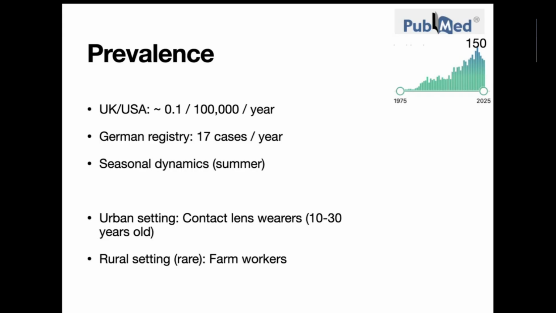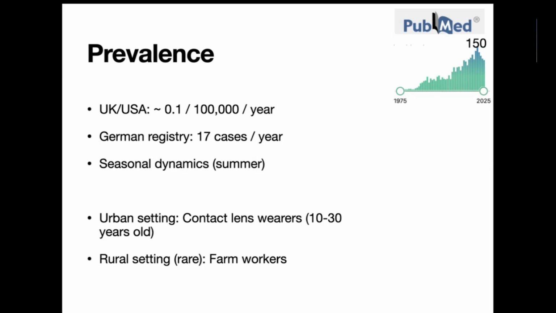And there's seasonal dynamics with more reports coming in the summer months in comparison to the colder months. And we have a strong feature that links amoeba keratitis, or corneal infections from acanthamoeba, to contact lens issues.